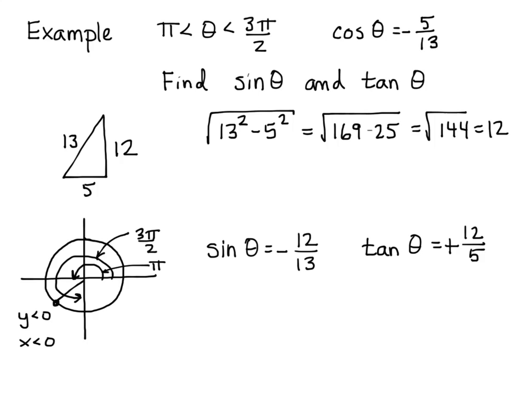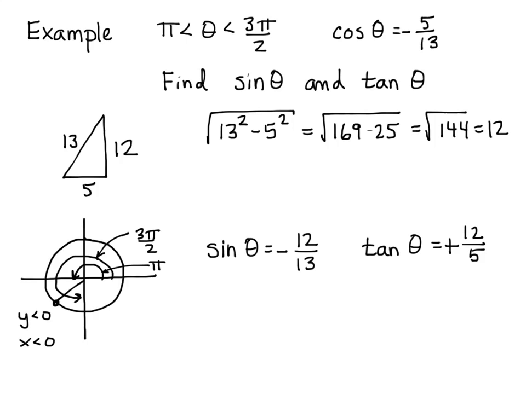And the tangent, since it's the ratio of the sine and the cosine, both of them are negative. That makes the tangent positive. So you calculate the angles just the way you did in that homework set last night. You calculate the angles, and then you figure out what quadrant are you talking about, and what are the signs that are associated with that.